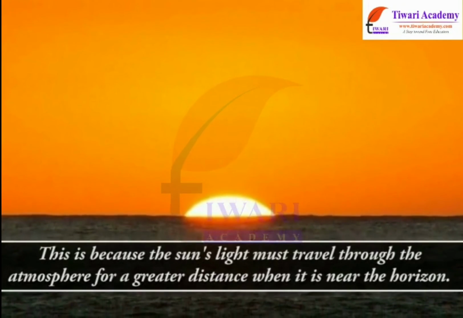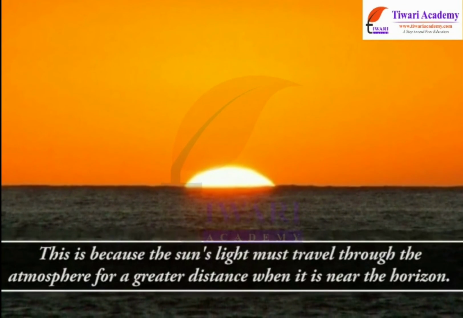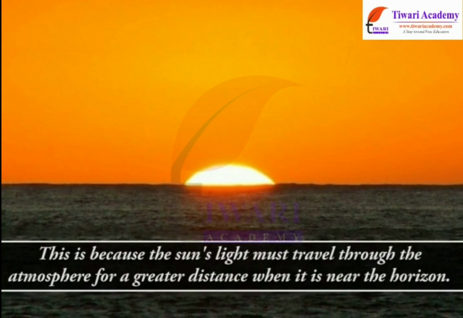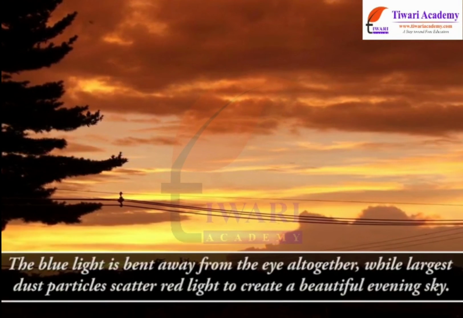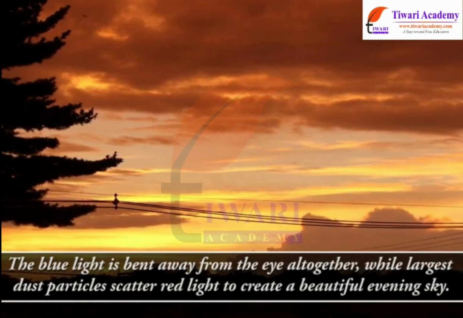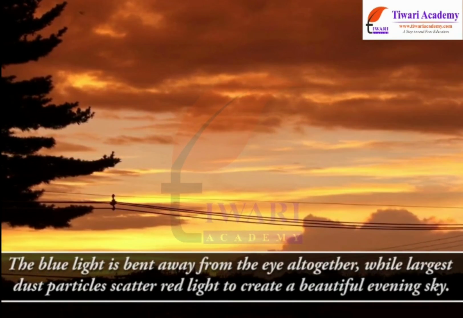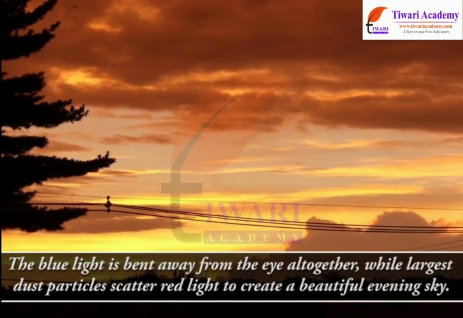This is because the sun's light must travel through the atmosphere for a greater distance when it is near the horizon. The blue light is bent away from the eye altogether, while the largest dust particles scatter red light to create a beautiful evening sky.